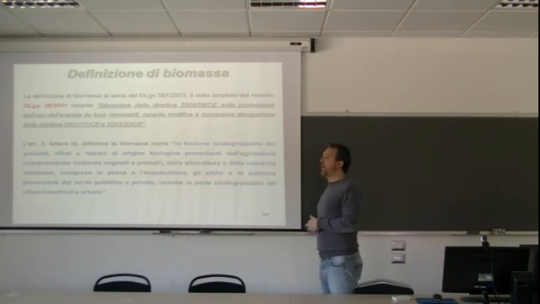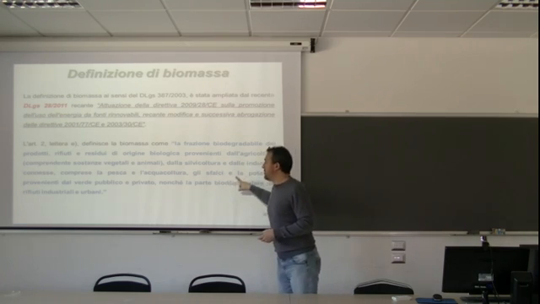For example, the production of beer has some residues, and this is biomass. The production of wine has some residues from the grape milling, and this is considered biomass, and so on. We will see a lot of slides that show some examples.